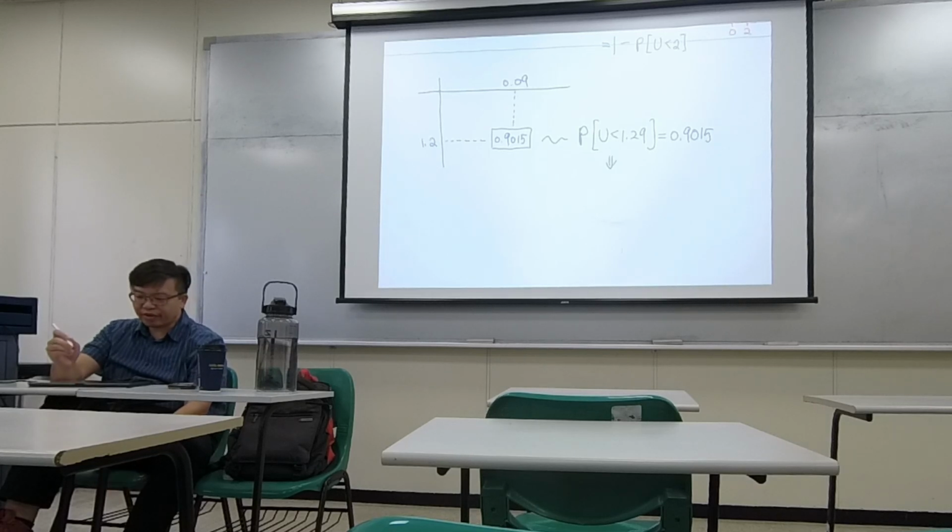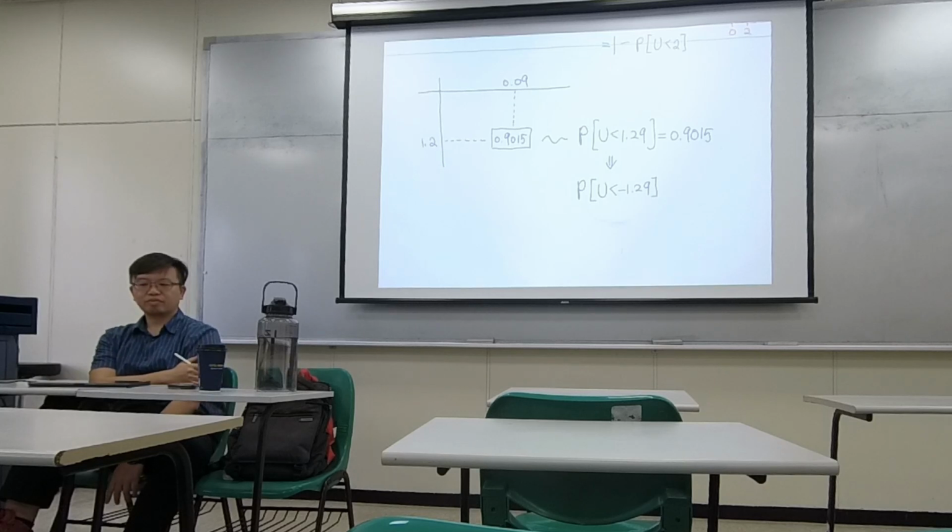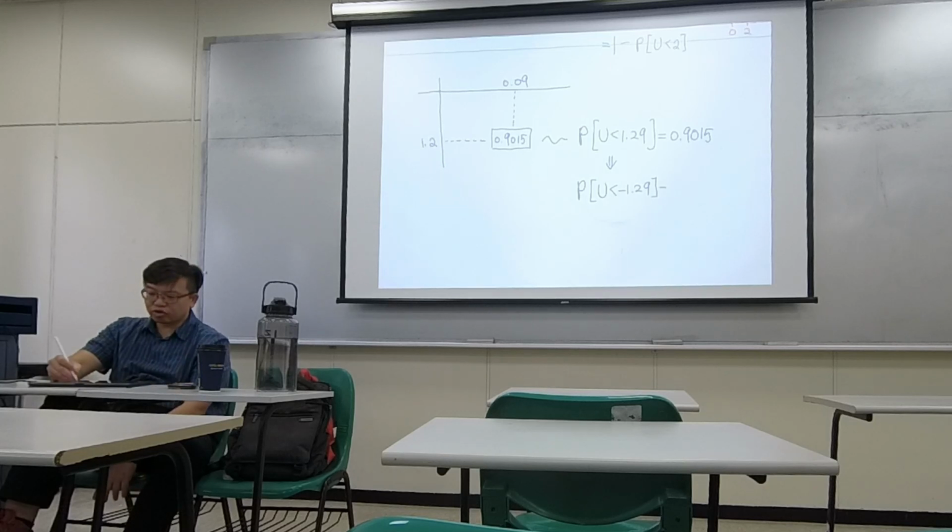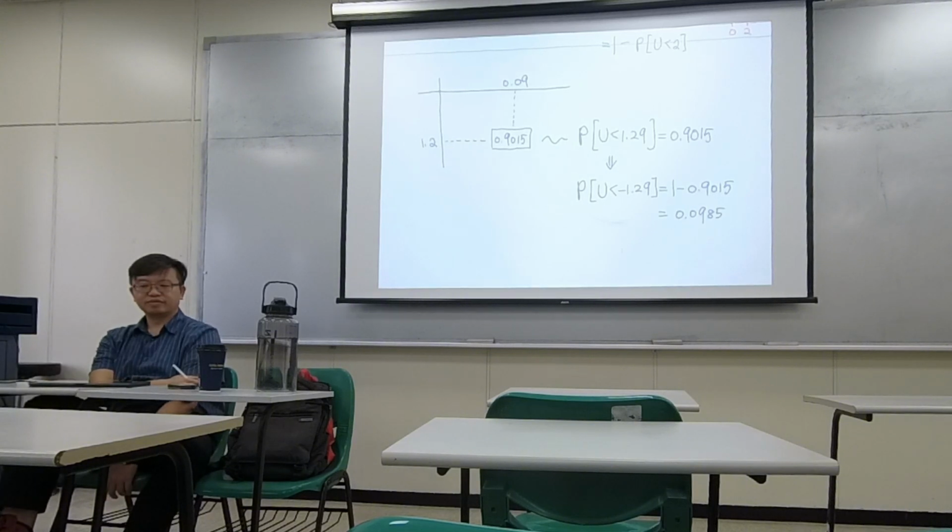It tells me something very important. Probability of U smaller than negative 1.29 equals 0.985. Why?